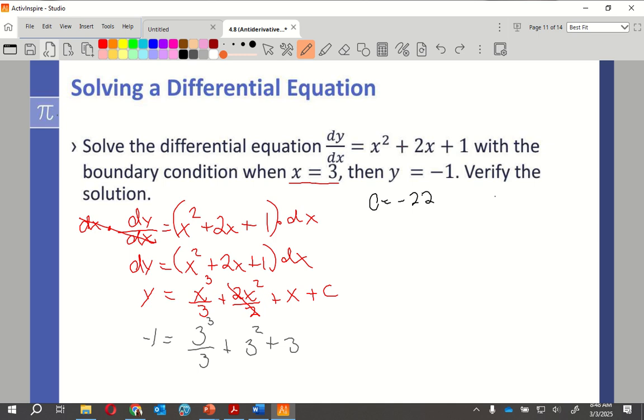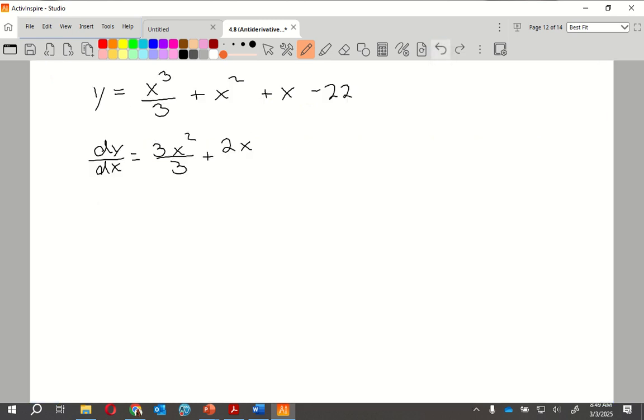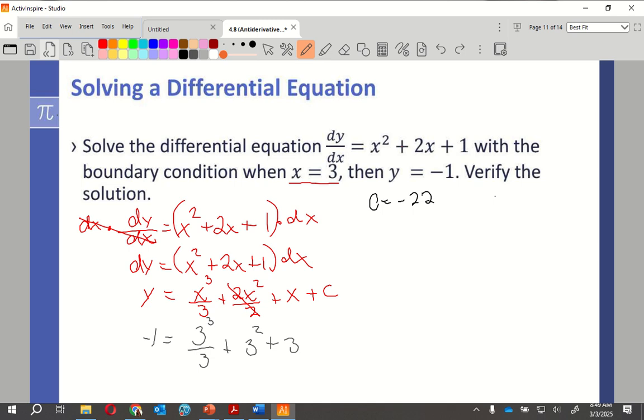The question said what? Verify the solution. Yes? I get it.